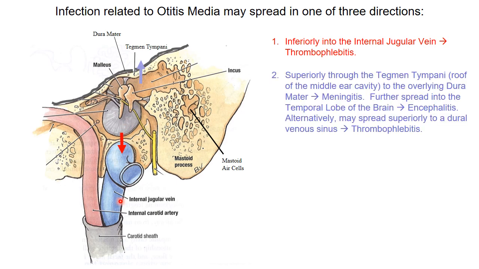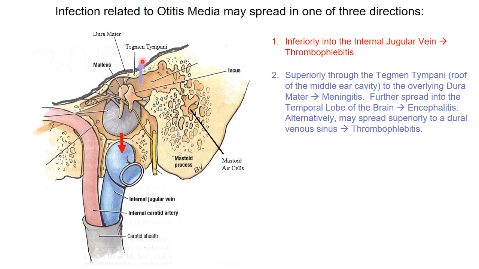Another direction it can spread is superiorly along this purple arrow right here. If the infection eats its way through the tegmen tympani, the next thing it finds is dura mater. Once the infection spreads to the dura mater, now we have meningitis. So otitis media can become meningitis if it's left unchecked.